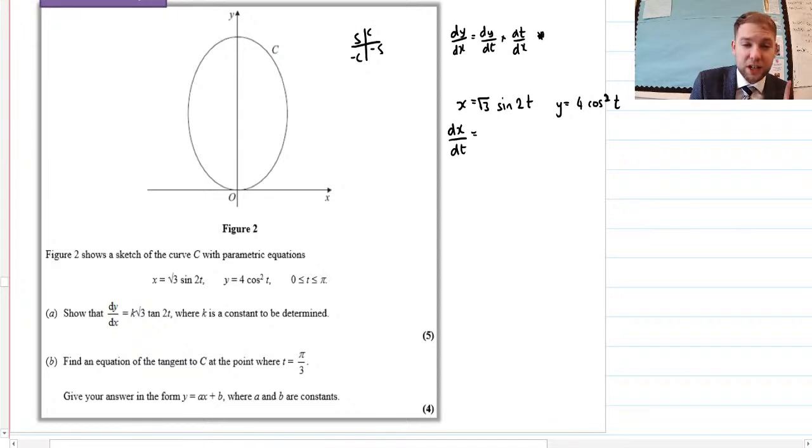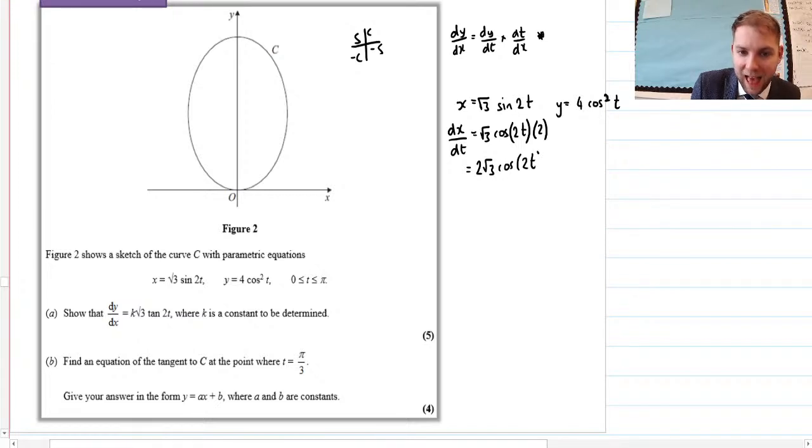If I differentiate the sine first, which is my inner layer, that's going to differentiate to cos. So it's going to be root 3 cos of 2t. Let's put that in a bracket. But then I'm also going to differentiate inside this, which is the 2t, and multiply by that. So times by 2, I end up with 2 root 3 cos of 2t.